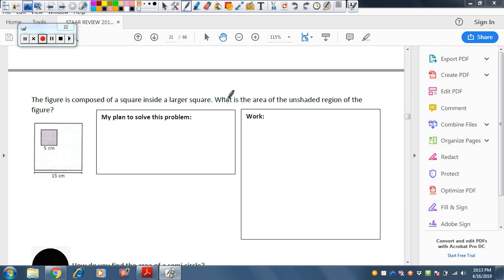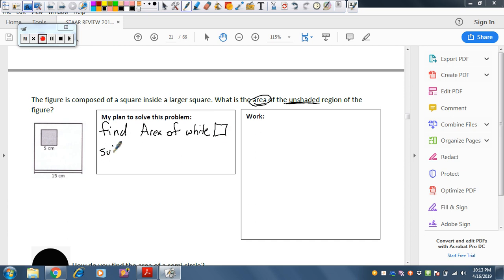All right, the question says, what is the area of the unshaded region? If it were me, I would find the area of the white square, the big one.